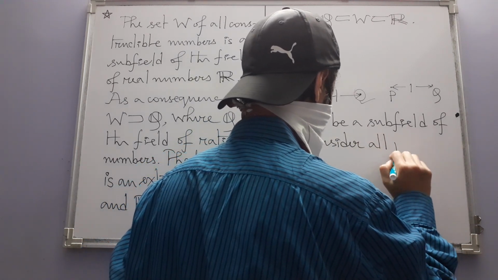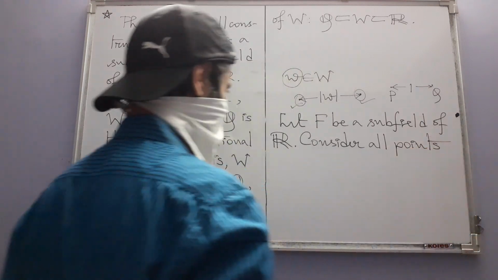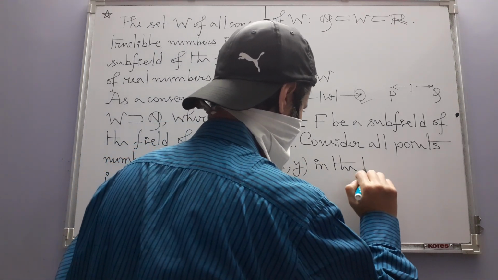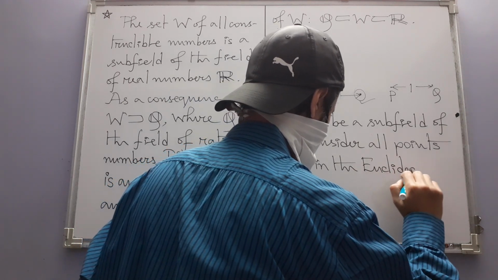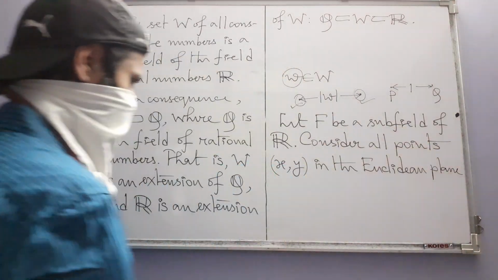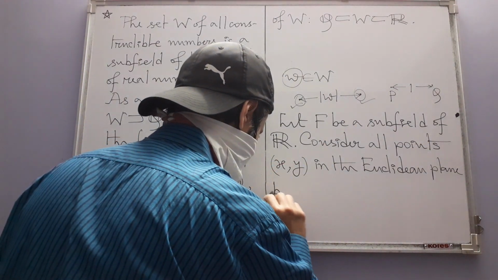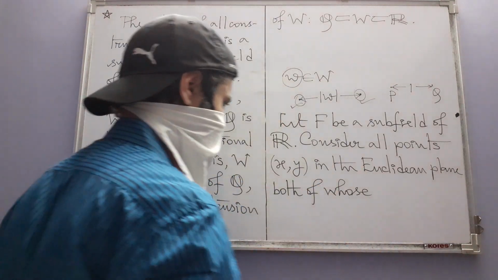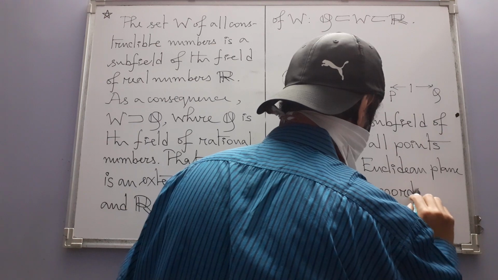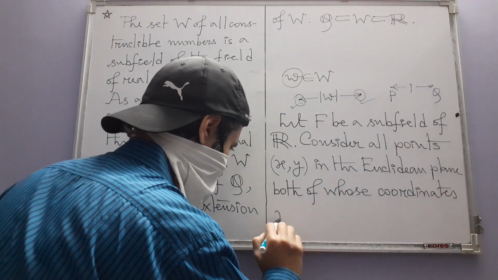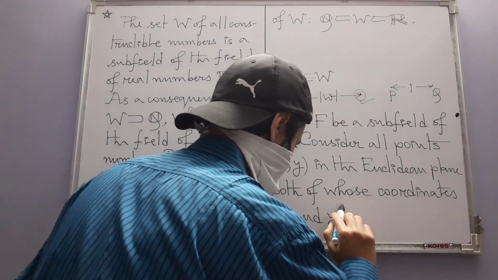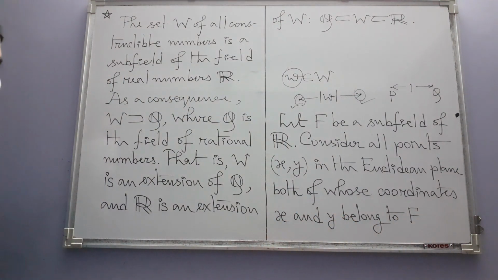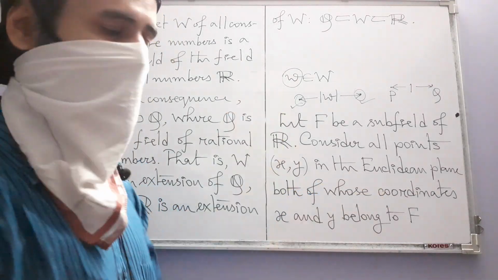Now, consider all points (x, y) in the Euclidean plane, both of whose coordinates x and y belong to this subfield F. Euclidean plane means, as I said, it's just R^2, right?